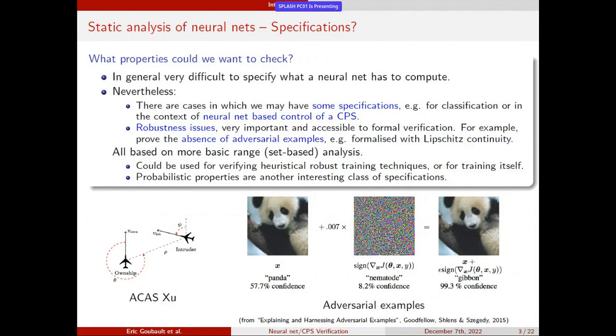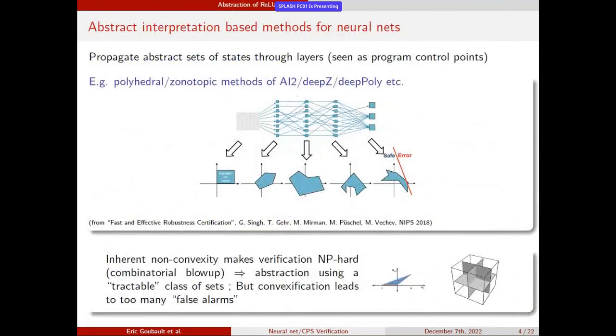So you can do this kind of thing, and it has been done before with complete techniques, but those are not really scalable. Another thing that has been done is to use abstract computation, which is really great, but usual domains, that is numerical domains that are based on convex shapes, have trouble when they want to deal with the ReLU layers, because those ReLU layers are non-linear, non-convex, and so you have two options.